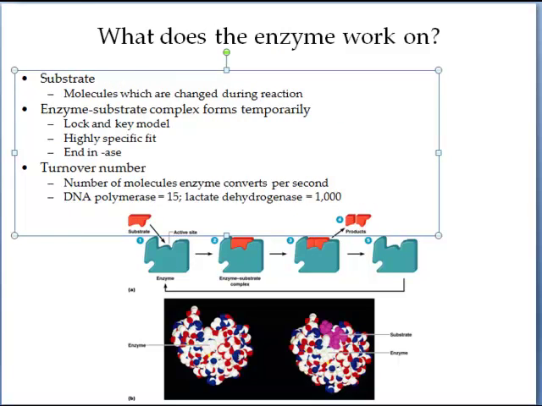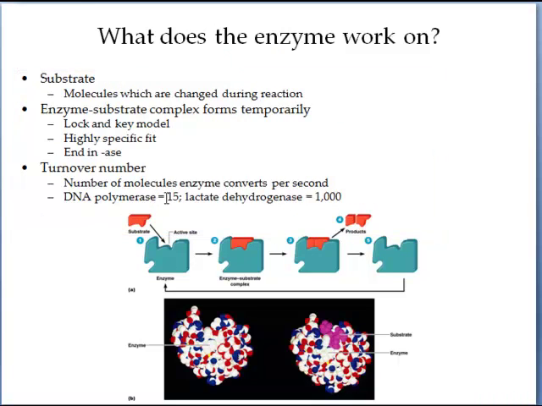So, for example, DNA polymerase the number is 15, and lactase dehydrogenase is 1000, which means that it doesn't get used up. It works on certain molecules, and then it can be reused. So the higher the turnover number, that means it can work on a lot of different molecules of the same kind of reaction.